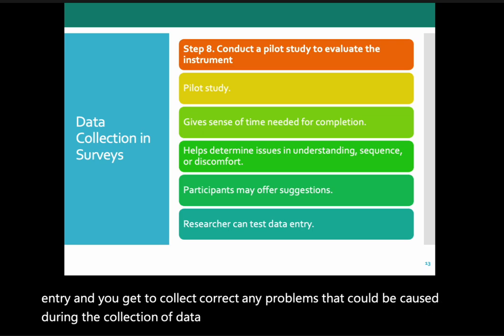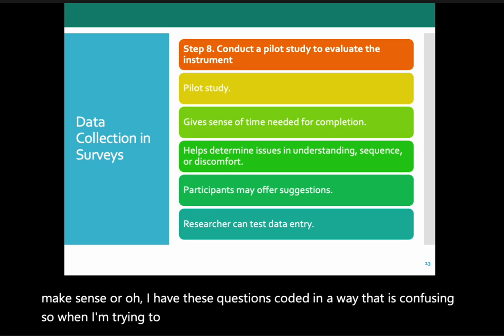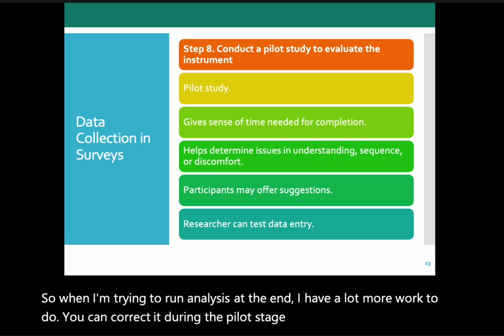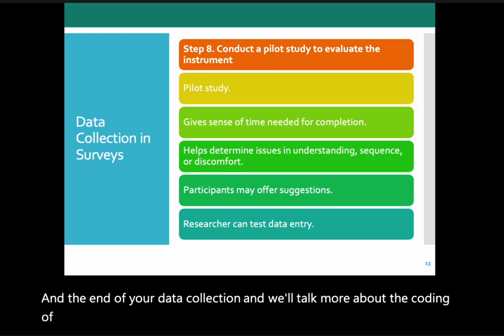So you get to see like, oh, this piece didn't make sense, or oh, I have these questions coded in a way that is confusing. So when I'm trying to run analyses at the end, I have a lot more work to do. You can correct it during the pilot stage as opposed to waiting until the end of your data collection. And we'll talk more about the coding of data and data entry in chapter 9.